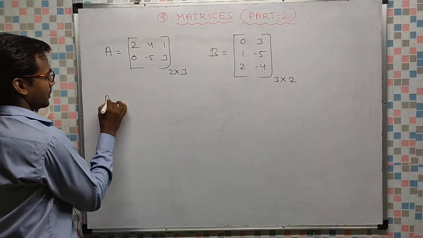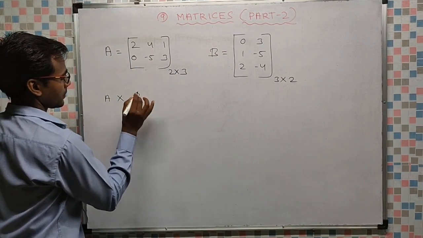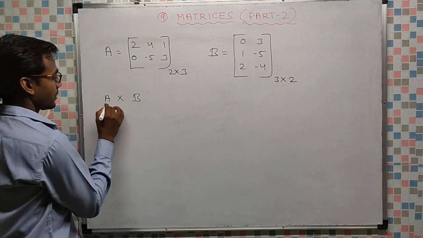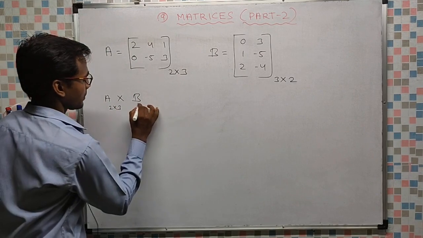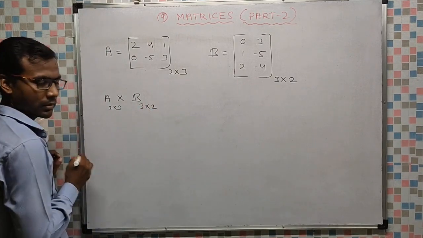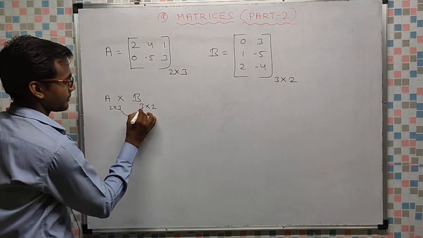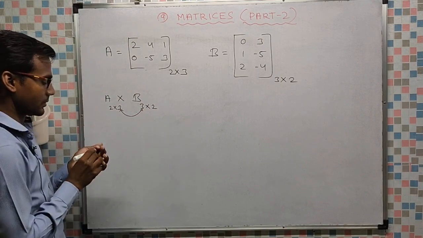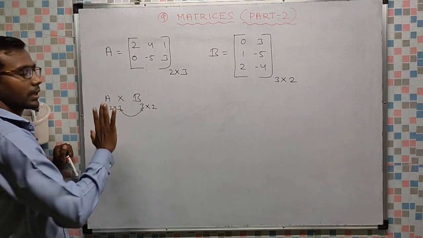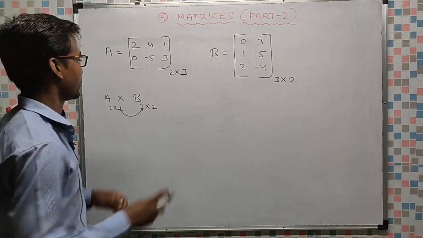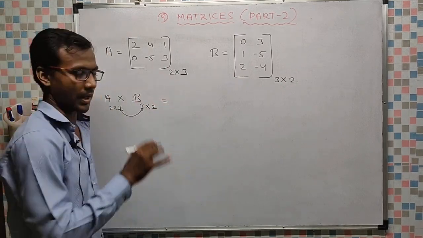A into B. What is the order of A? 2 by 3. What is the order of B? 3 by 2. The middle numbers are same. You can see the number of rows of B is equal to the number of columns of A. So A into B is possible, so we can multiply.